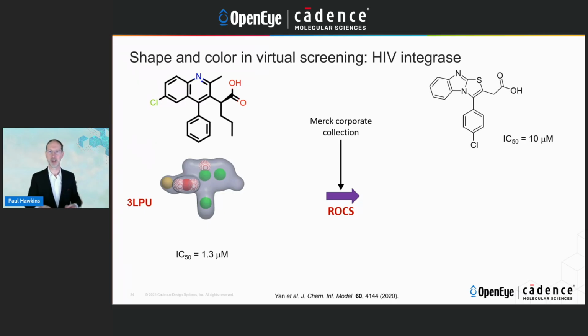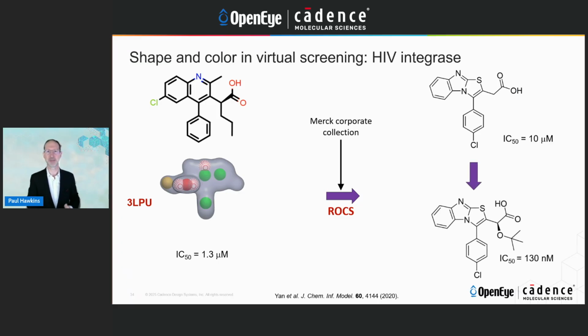And they came up with this rather fascinating tricyclic core, a little bit of SAR transfer from one series to another, and some clever chemistry. And they came up with this high nanomolar binder for HIV integrase that actually went all the way to IND. So a very fast start, a very interesting new avenue for the project, produced by ROCS screening across their corporate collection.